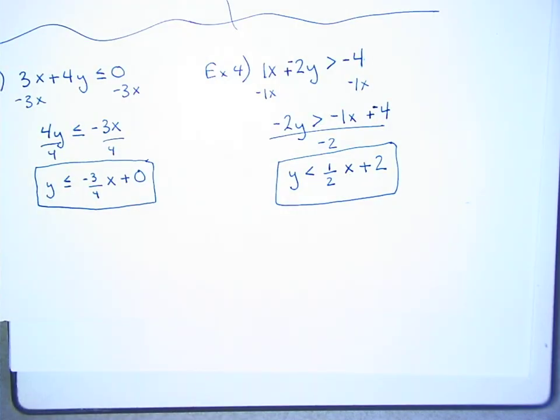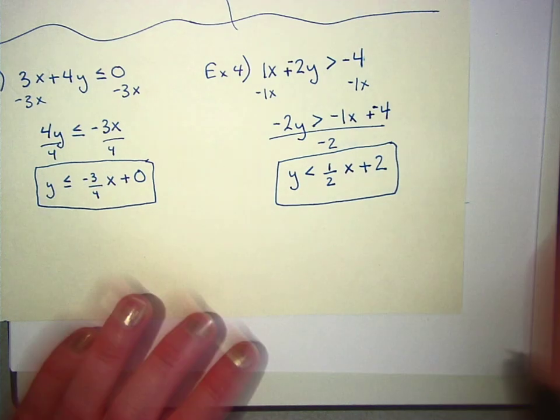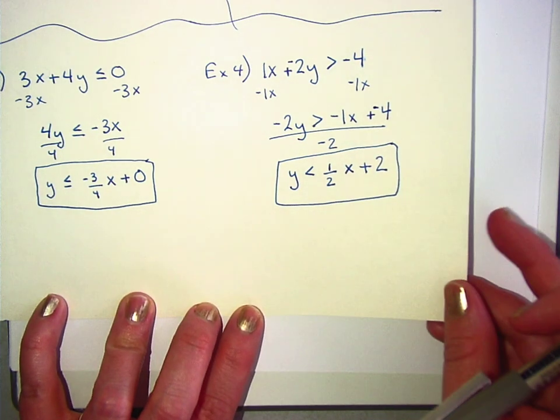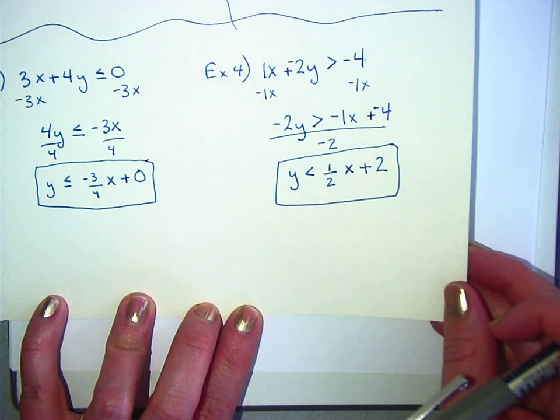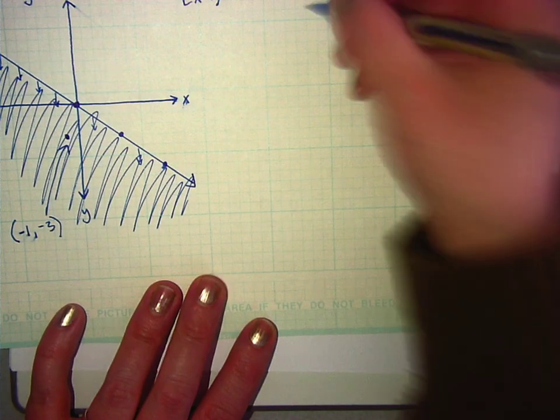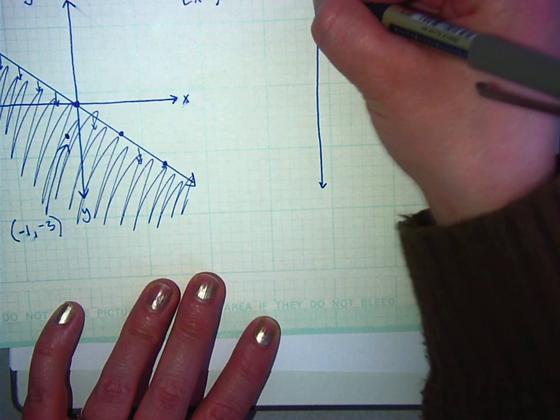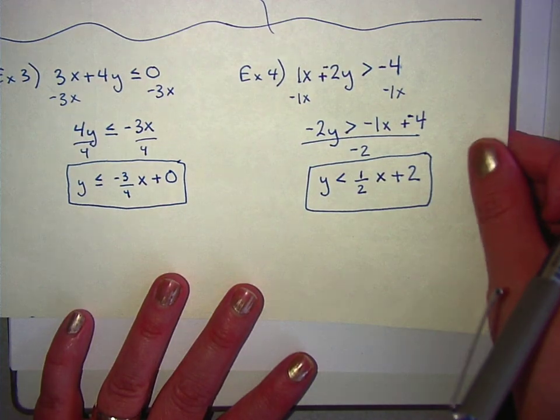Are the arrows a lot easier than the water thing? Yeah? Up 1/2?